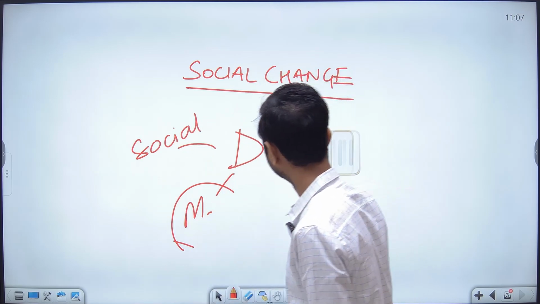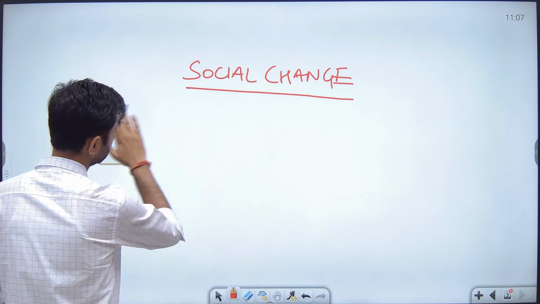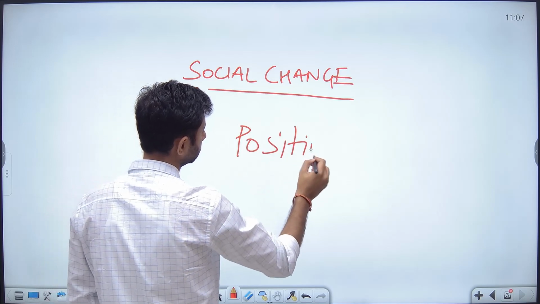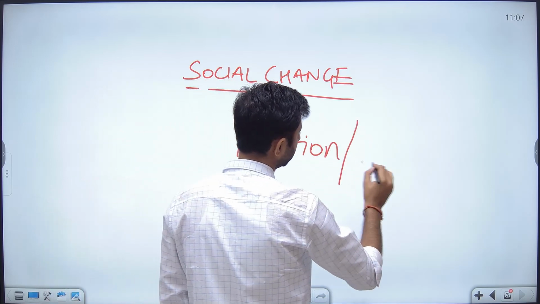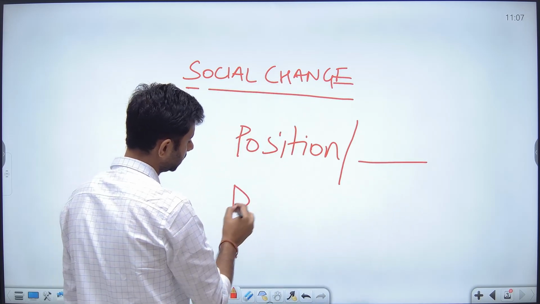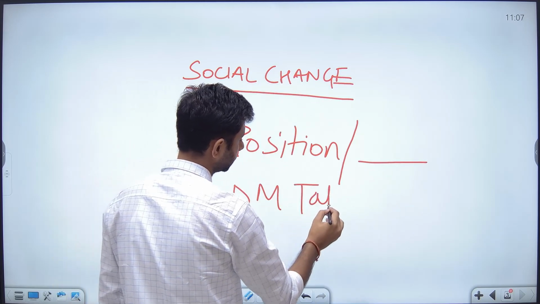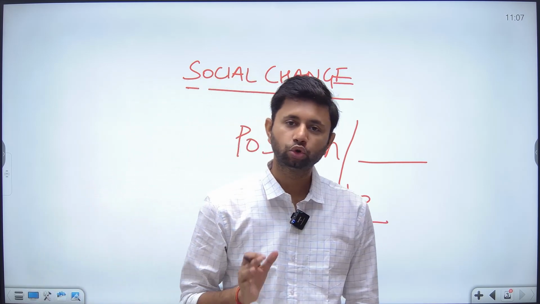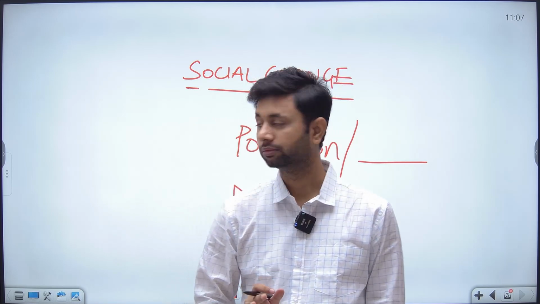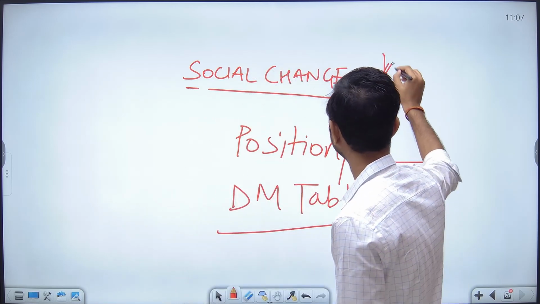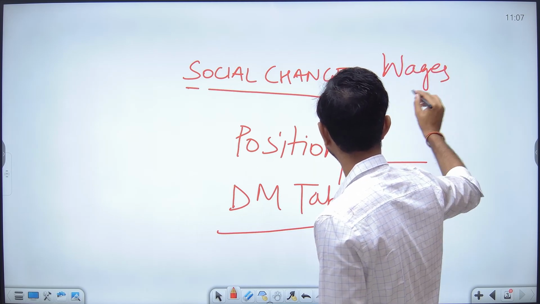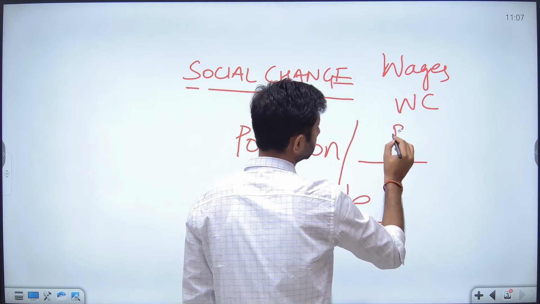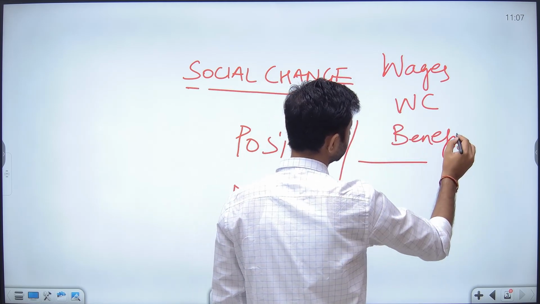So workers also want a position, or you can say a platform on a decision making table, at least in areas that are core to their interests. What are those areas? Obviously wages. Wages are the basic thing. Working conditions. Then we'll talk about benefits, social security.